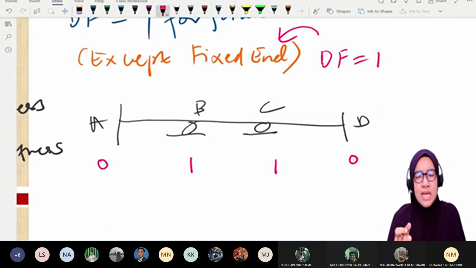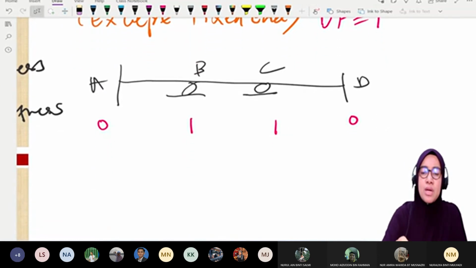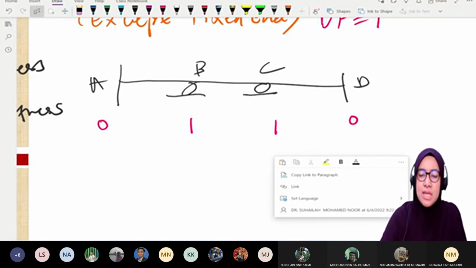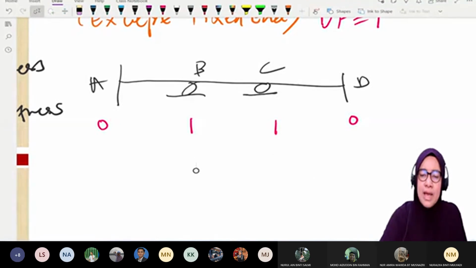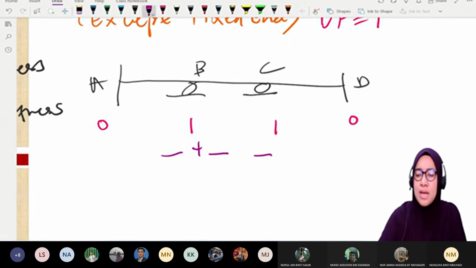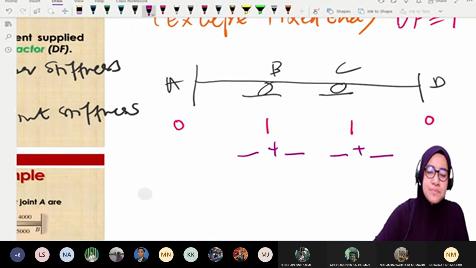But B and C come from 2, from BA and BC. So we get the DF of 1 from something, and the other one too. So the total is 1.